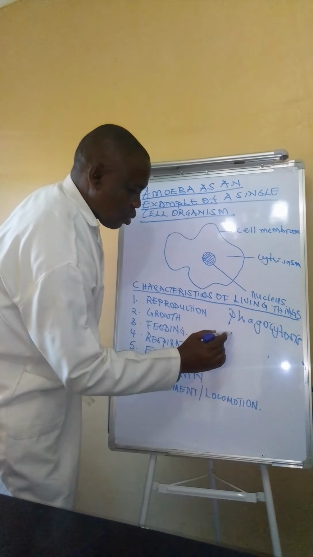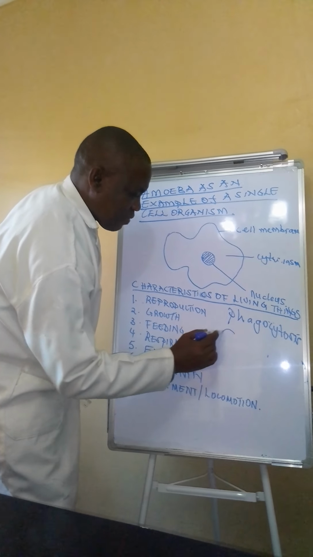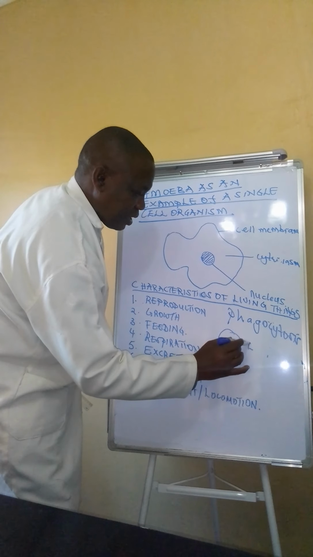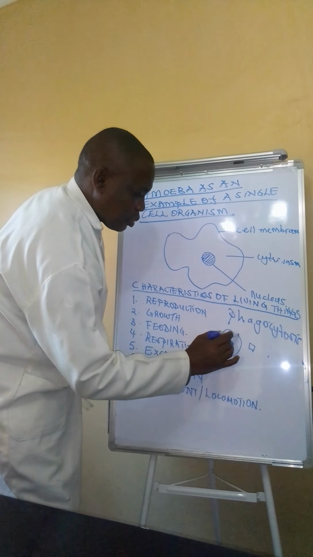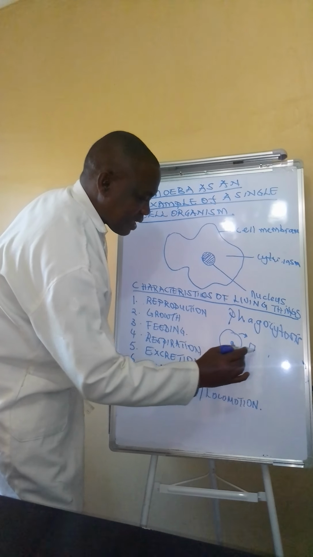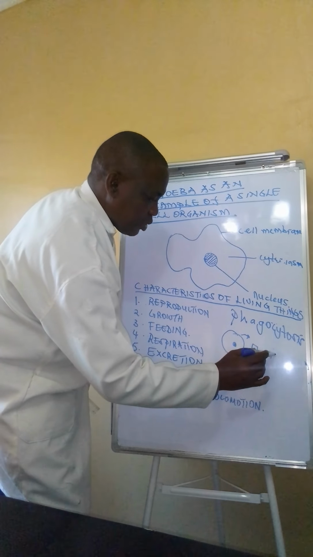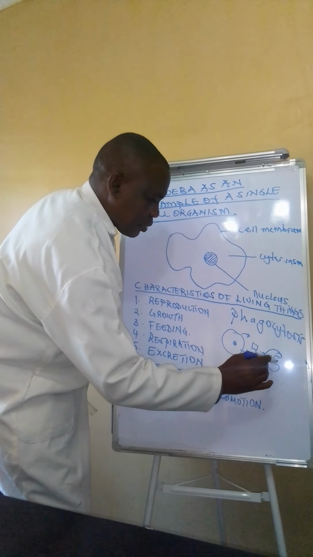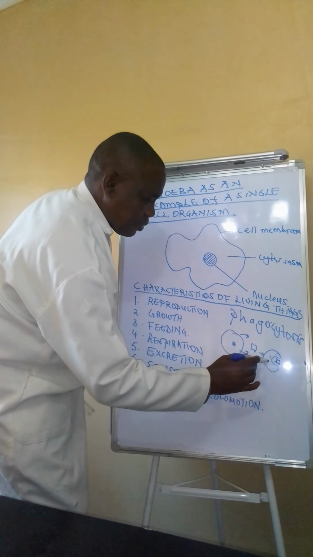In this form, you have this amoeba. Then, if this is a food debris, it will move its cytoplasm in this direction, and then you'll have a situation like this, and you have the food debris in the middle.